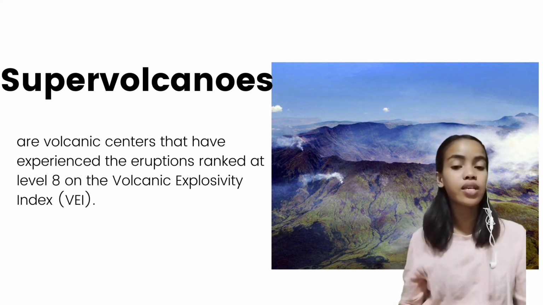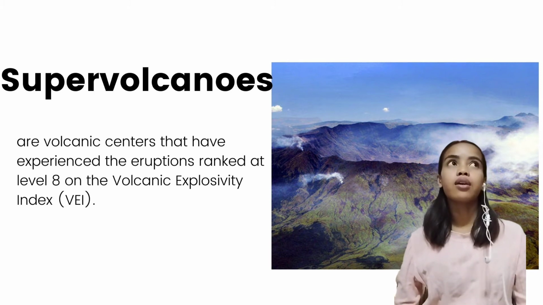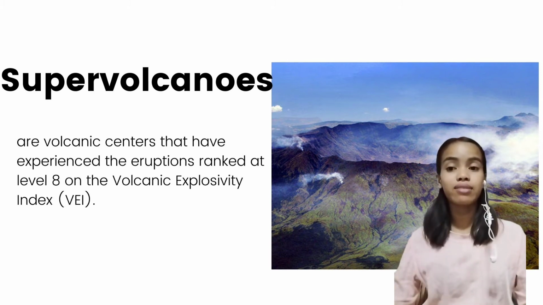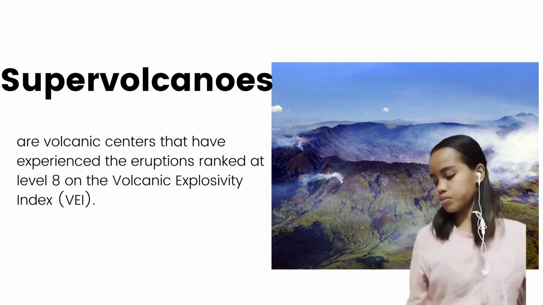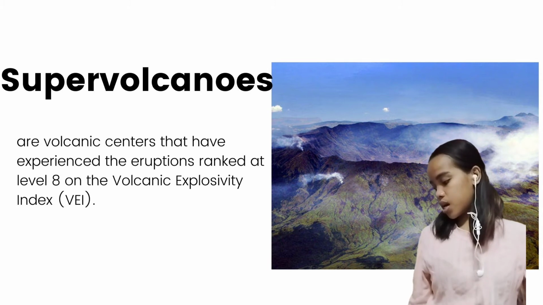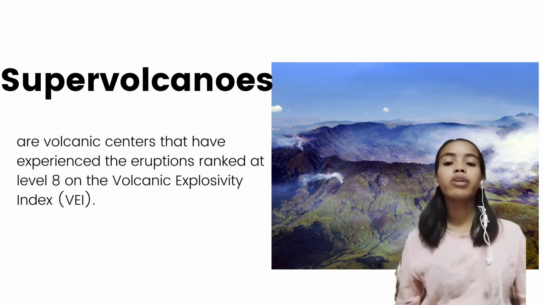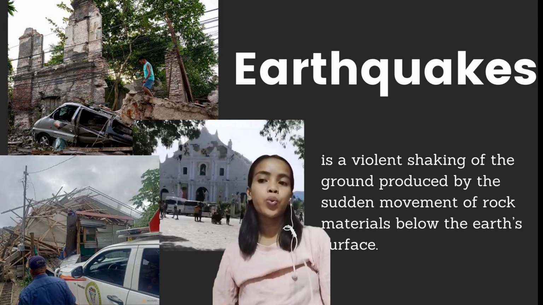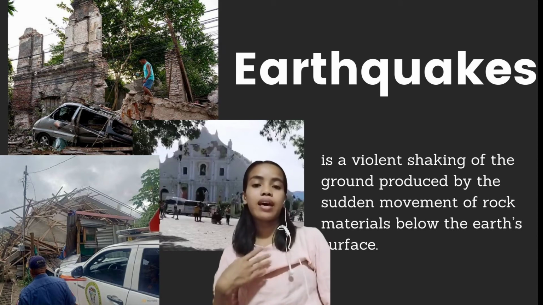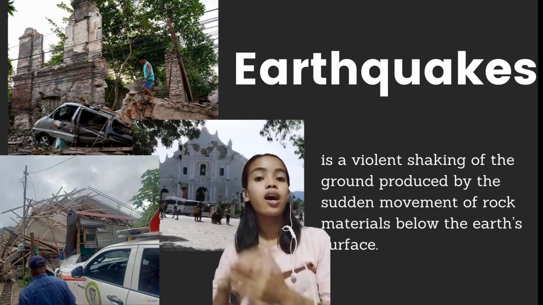And the other types of volcanoes are the fissure eruptions, calderas, supervolcanoes, and of course the volcanic fields. Alright, so we are done with the volcanoes. Now let us proceed to the earthquake.